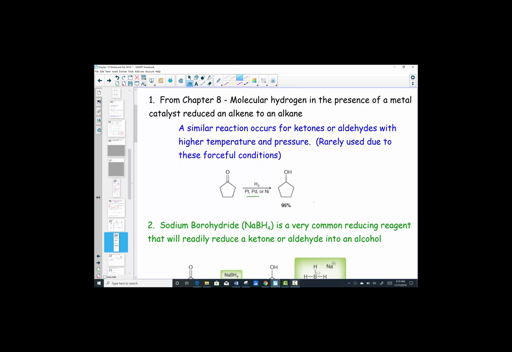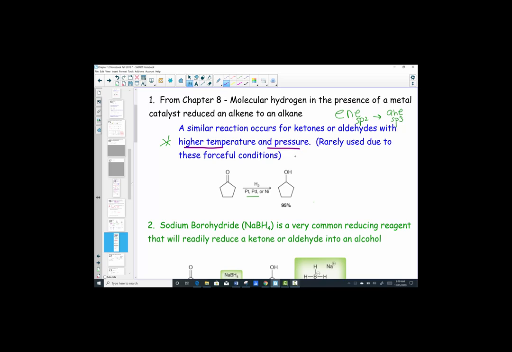So here we have an example from a previous chapter where an ene, which is sp2, turns into an ane, which is sp3, by adding hydrogen across the double bond. We're going to see a very similar reaction occur for ketones and aldehydes because they also have a pi bond. The conditions here, however, are very rigorous. Very high temperatures and very high pressure must be used to force this reaction to occur.